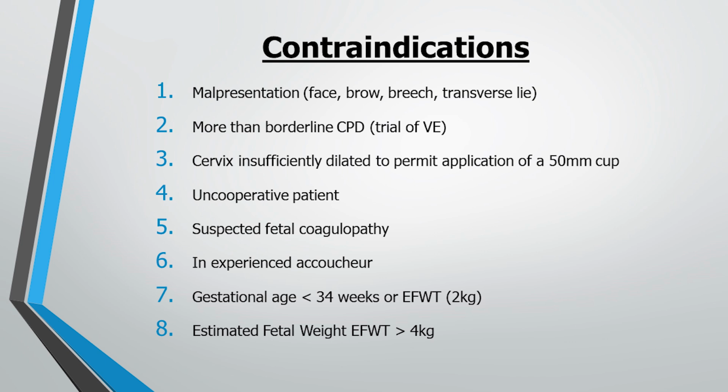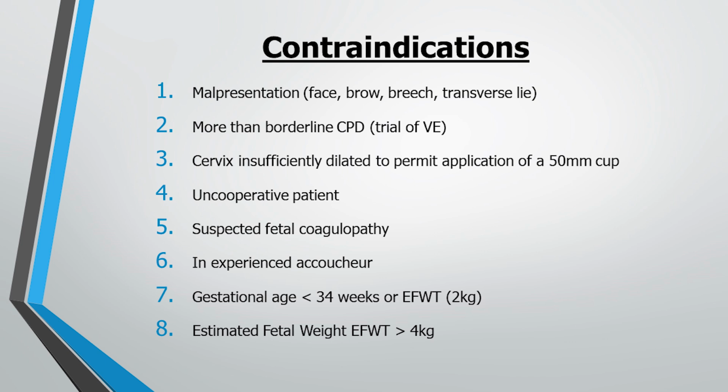Cervix insufficiently dilated to permit application of a 50 mm cup. If a 50 mm cup cannot be accommodated through the cervix, please avoid the use of vacuum. In an uncooperative patient, it is undesirable to use vacuum. And when there is suspected fetal coagulopathy, the use of vacuum may be contraindicated. Then, if you are not experienced in the use of vacuum, please do not use it.